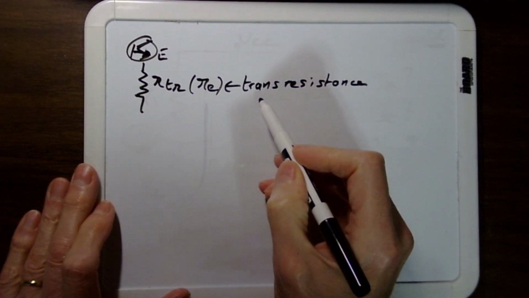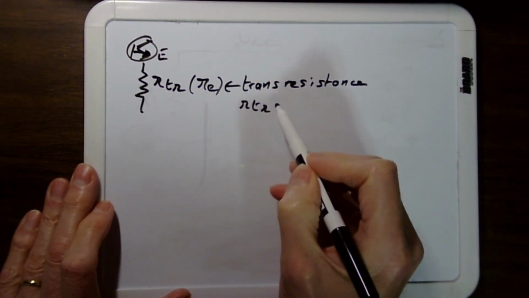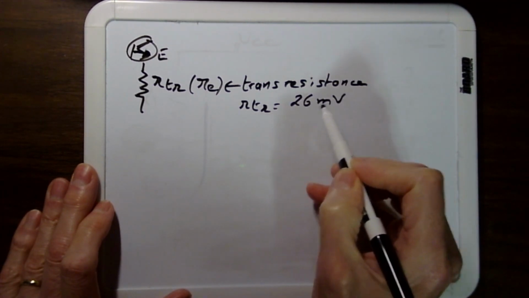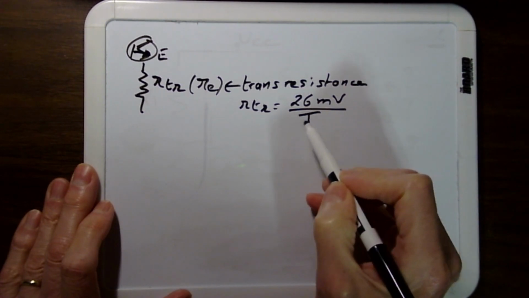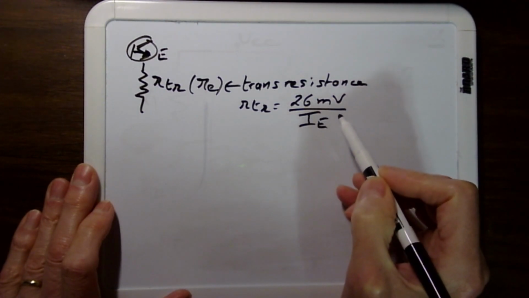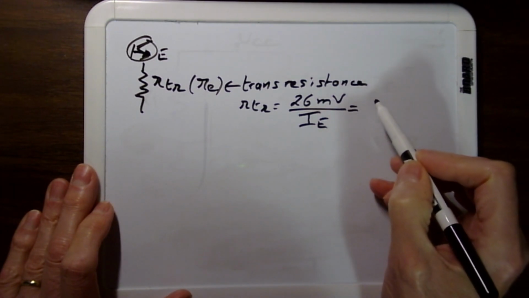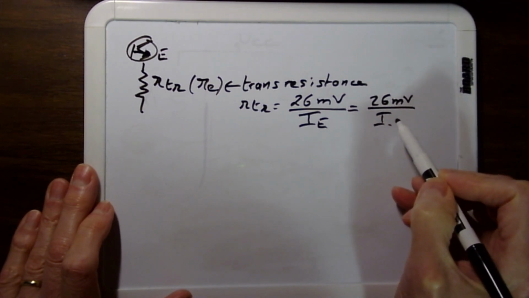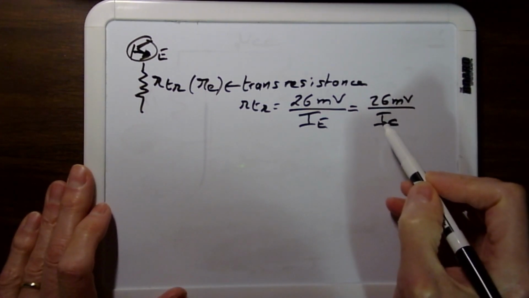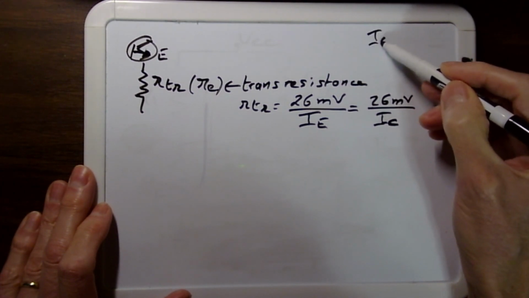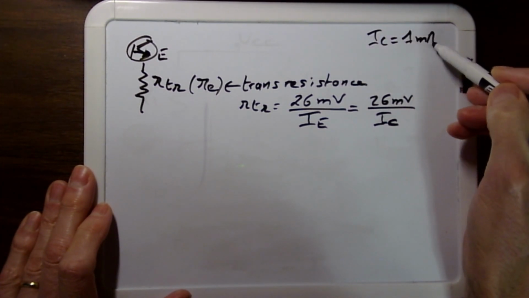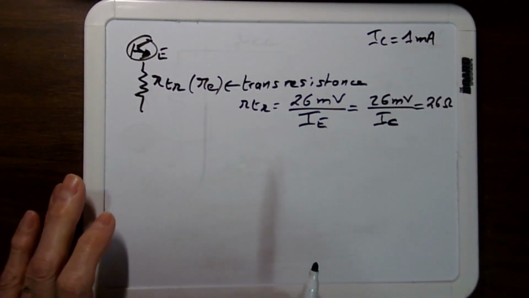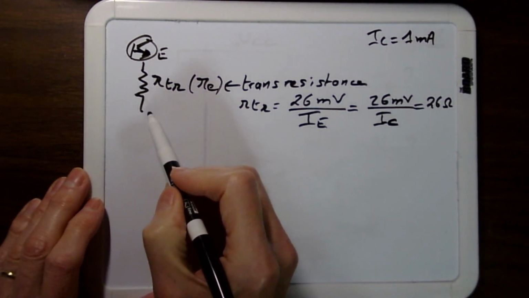So RTR is equal to 26 millivolts divided by IE, and this is DC current. So it's 26 millivolt divided by IC. In our case, the assumption is that IC equals 1 milliamp. It gives you a 26 ohm value. Okay, so that's the RTR.